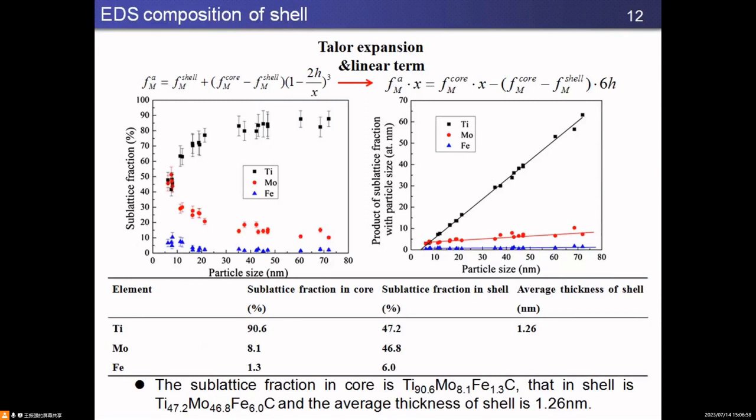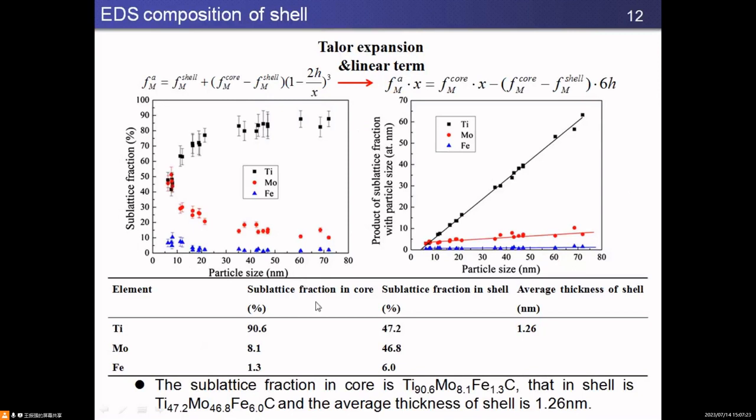We can see the sub-lattice fraction of Mo decreases with particle size. We use Taylor expansion to determine the average value. The sub-lattice fraction is titanium 91, Mo 8, iron 1, carbide.